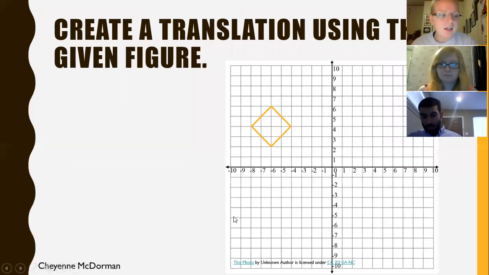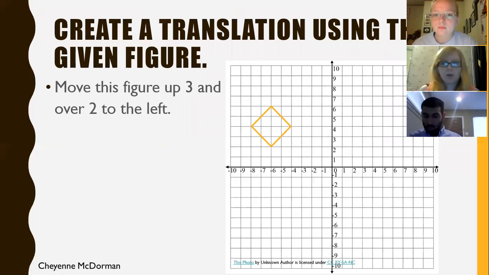All right, Cheyenne, can you create a translation using the given figure? Well, if we are looking at the rhombus on the coordinate plane, you will see that it is at position -6 at the top point and -8, 4 on the bottom point, or the left side.